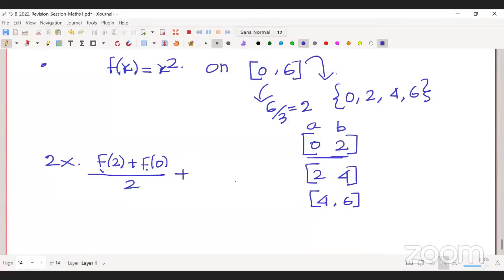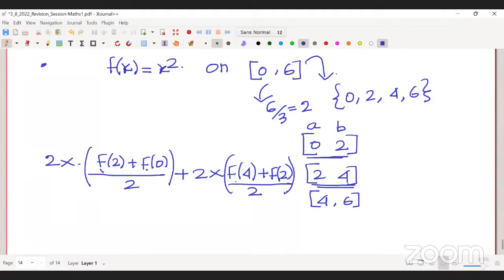Then what is the length of the next interval? 2. Again, f of 4 plus f of 2 by 2. Then again, 2 times f of 4 plus f of 6, by 2.